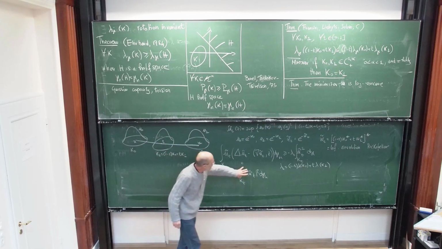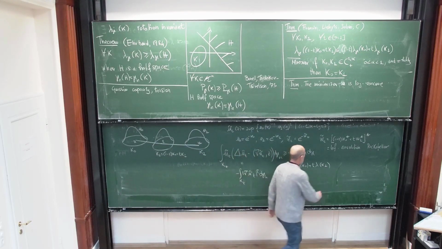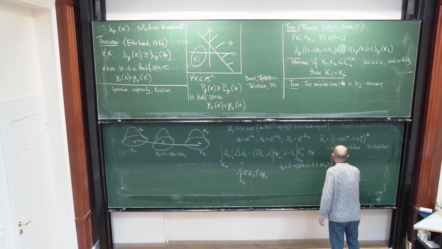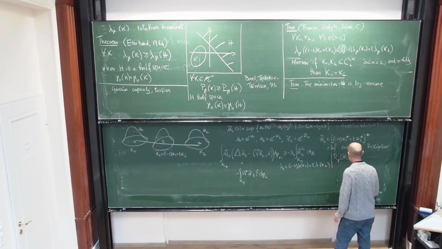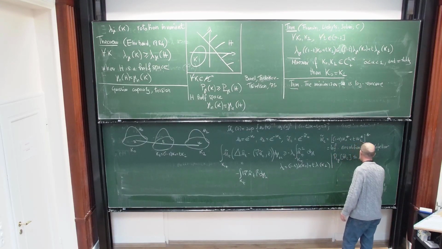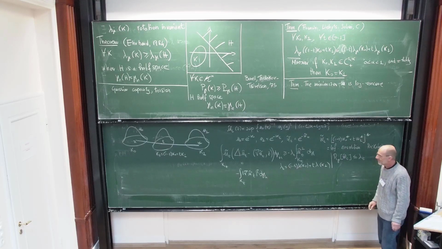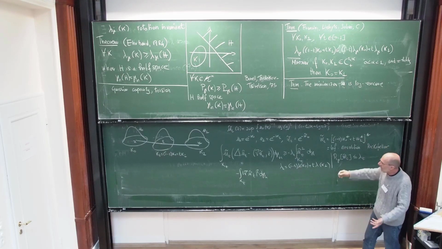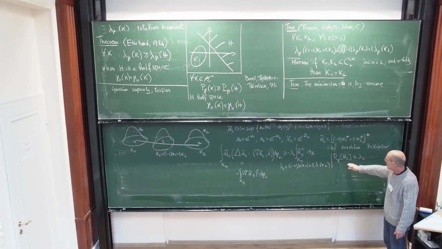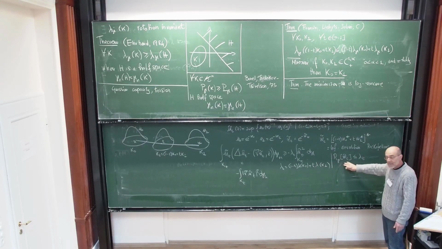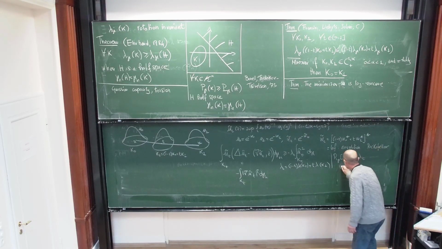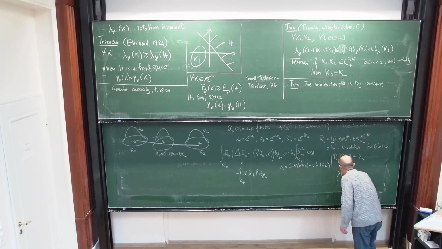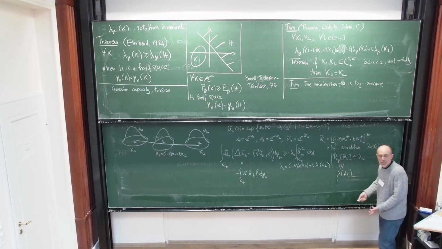So, if you join this and this, you get that the Rayleigh quotient of W tilde t is smaller than lambda t. You change the sign, you divide by this, and you write what you get. But this is bigger than lambda of KT, by definition.